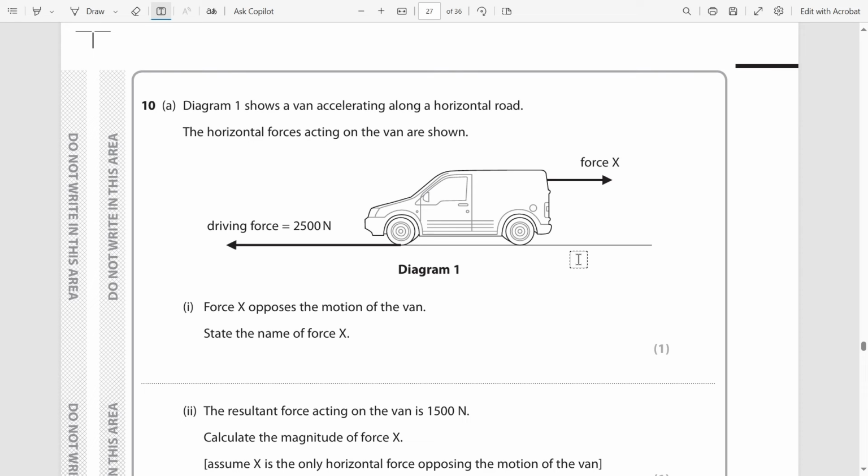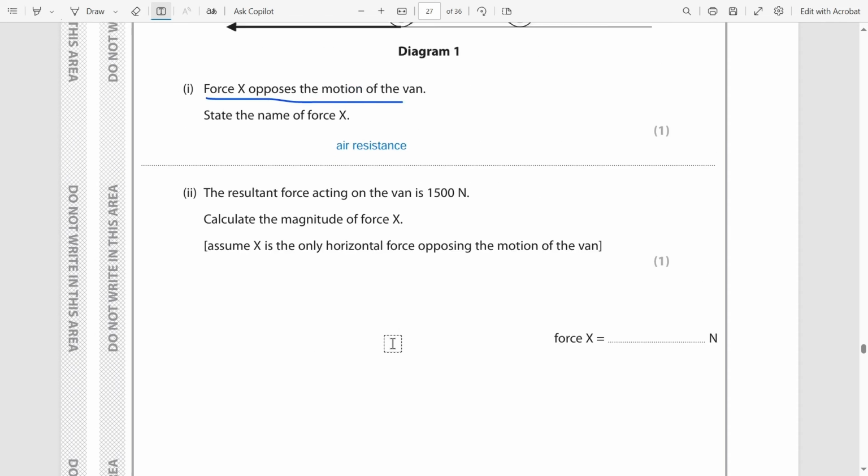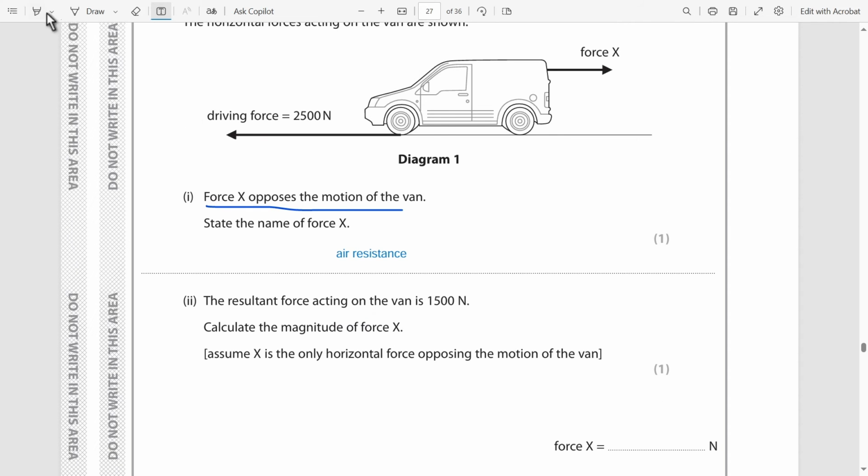Okay. The van question. So force X opposes the motion of the van. You can name this. Yep, that's right. Air resistance. The resultant force acting on the van is 1,500 newtons.